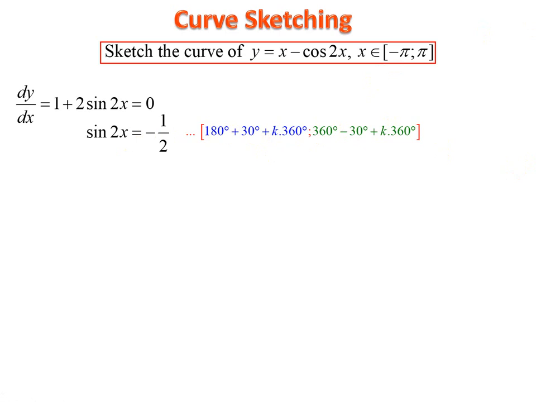And changing that to radians, because you need to work in radians: 180 is pi, plus pi by 6 is 30, plus 2k pi, well, 360 is 2 pi. And then 2 pi minus pi by 6, plus 2k pi, k element of Z.